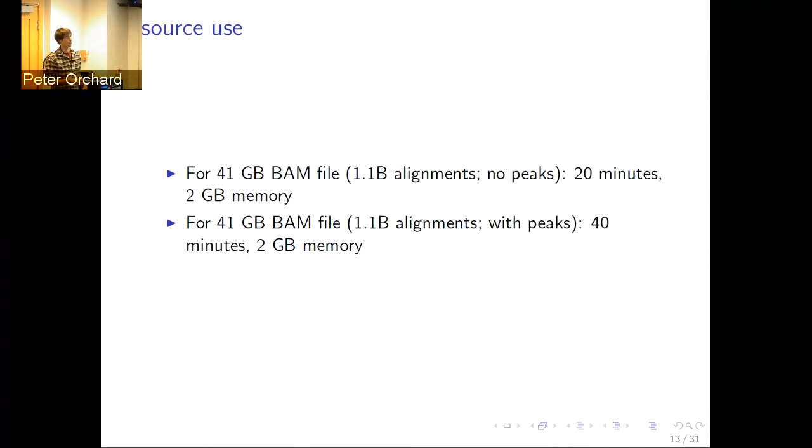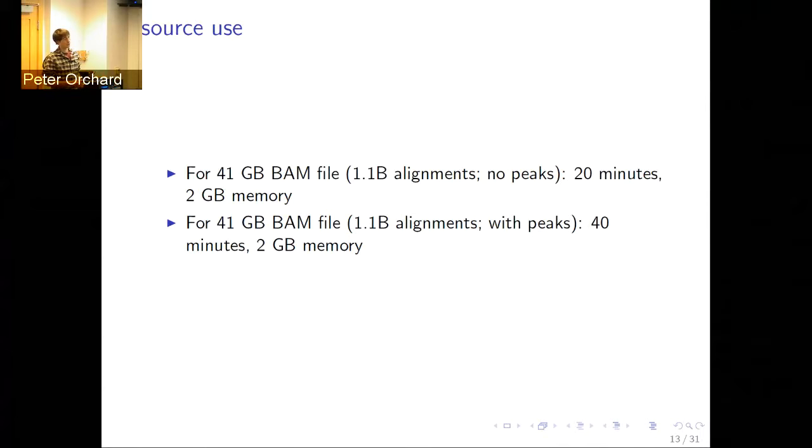He created one BAM file that was an aggregate of all of the data in the report I just showed you. For those of you who don't work a lot with BAM files, this is a big one, 1.1 billion alignments. Normally for a single library in our lab, we might be looking at 50 to 100 million alignments. So this is a sizable file.